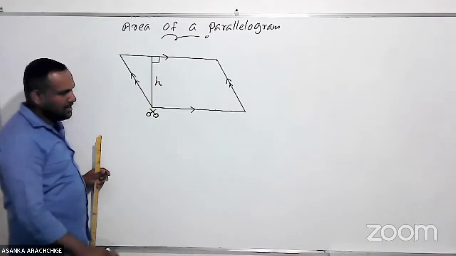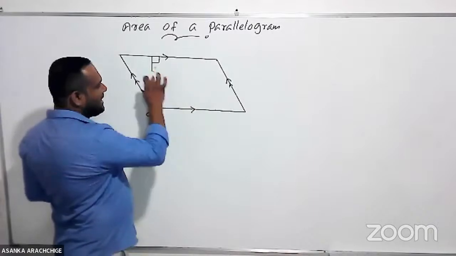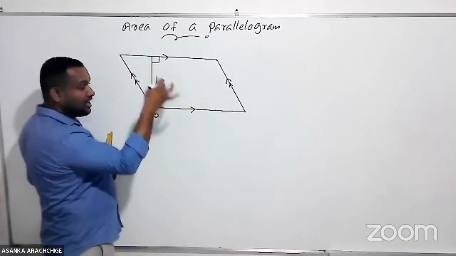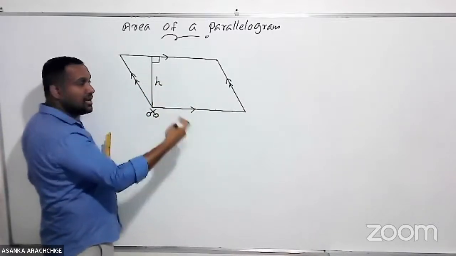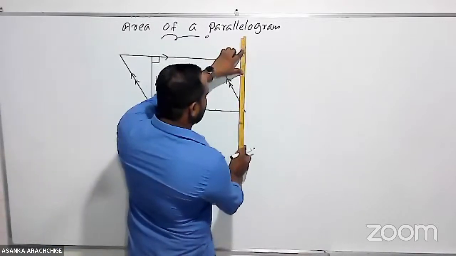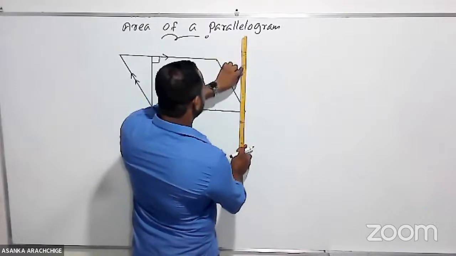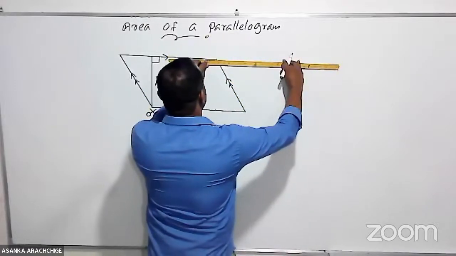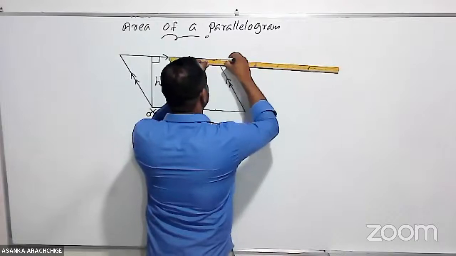Understood? Then we add that triangle. We reattach it to the same figure from the other side. Let's see what happens.